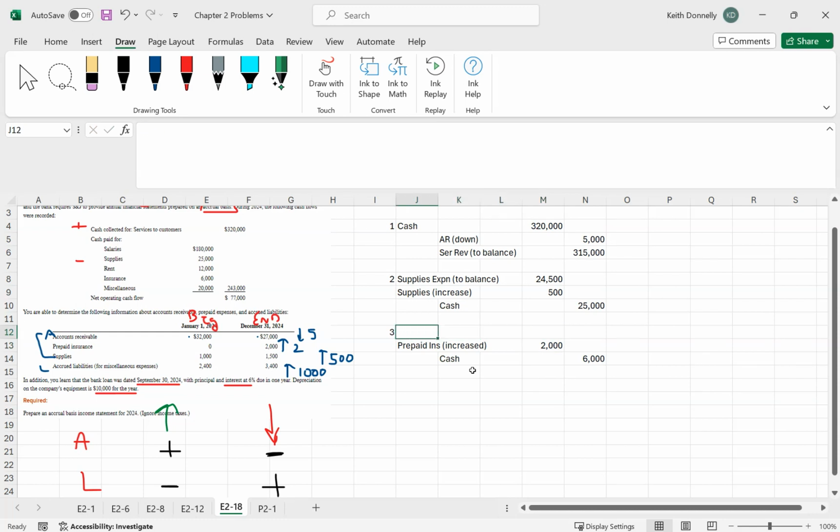So what that means is our insurance expense is going to have to be $4,000. We kind of have to back into it. The 4,000 plus the assets increasing by 2,000 gives us our cash outflow of 6,000.